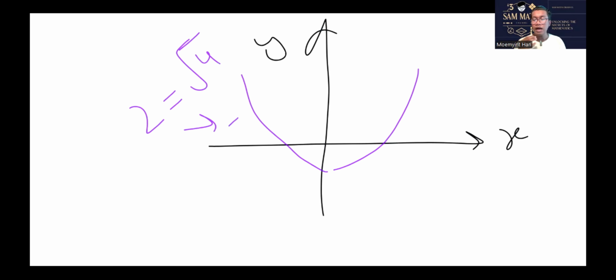So when we encounter something with an exponent like a square, most of the time, an even number exponent, it always has two solutions, two possibilities. As I always say, it has ambiguity. So this is what happened over here.